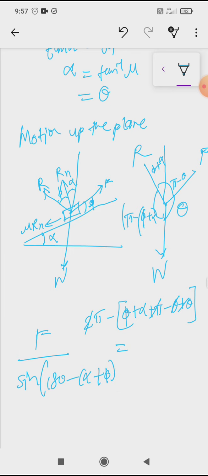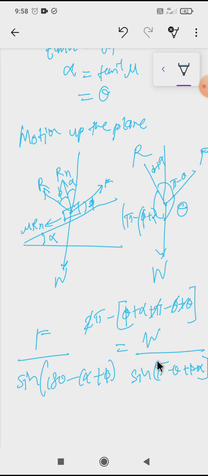And according to Lami's theorem, the other term will be W divided by the sine of this angle, that is phi plus alpha plus pi minus theta. Here I can write it as pi minus theta plus phi plus alpha.